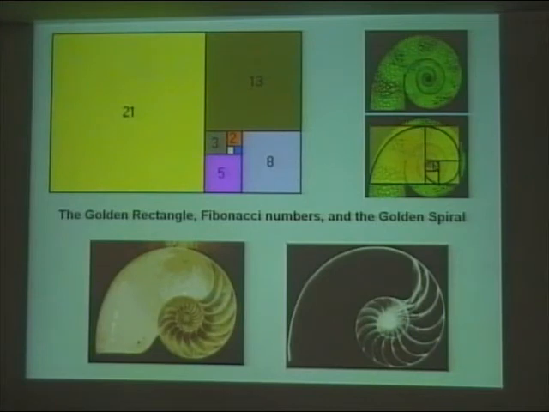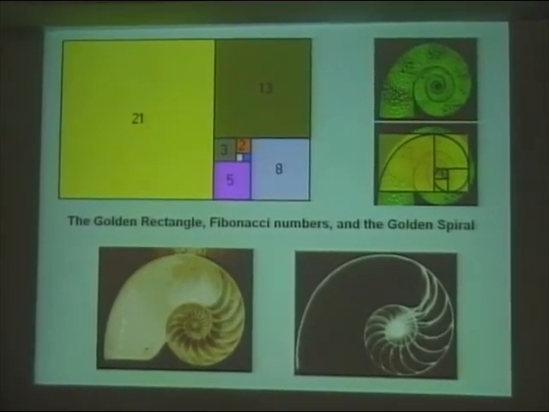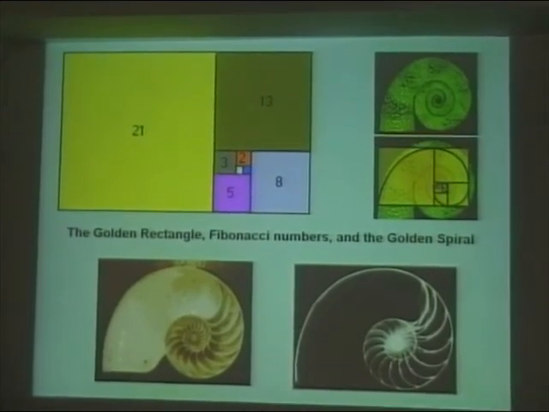The golden spiral is defined by golden rectangles. Right? It occurs in nature, not something invented. So the golden ratio and the Fibonacci sequence are not just abstractions. They are followed by nature. They are objectified and manifested in natural forms.